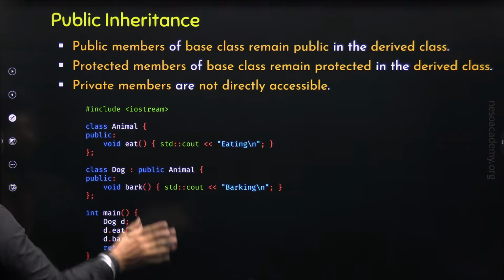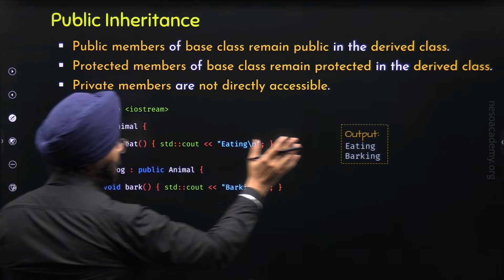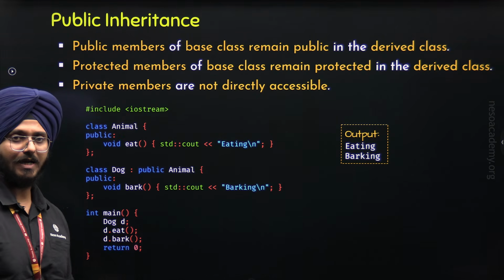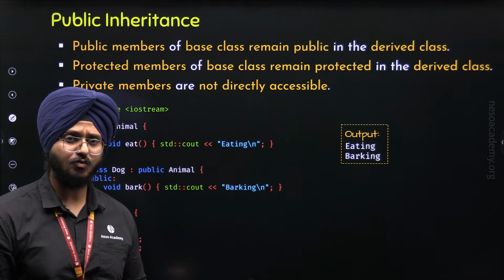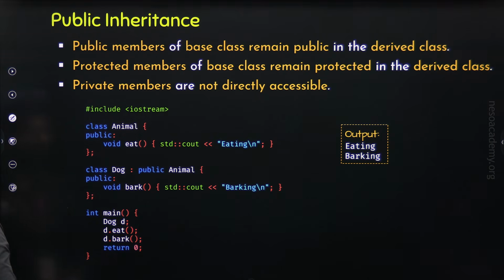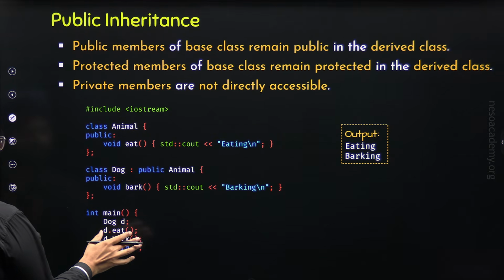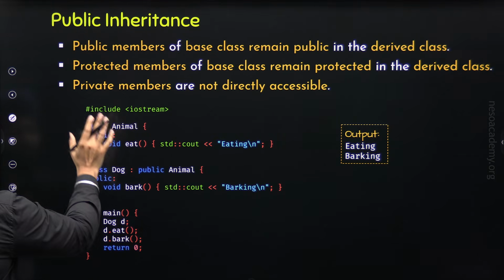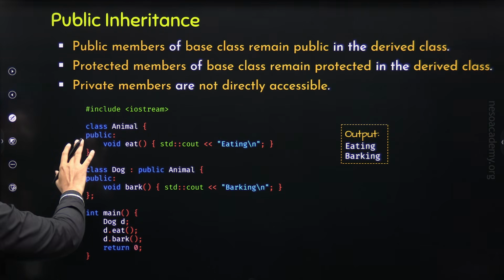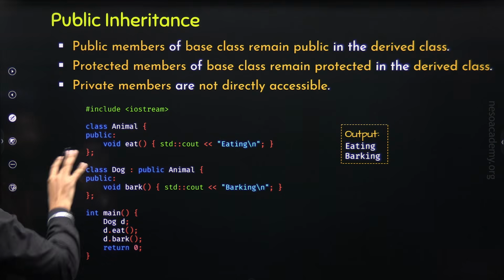And that is why when we execute this program, we will get the output eating and barking. I hope this idea is completely clear to you. So this is what public inheritance is. Public members remain public in the derived class. Protected members remain protected in the derived class. Private members are inaccessible directly.